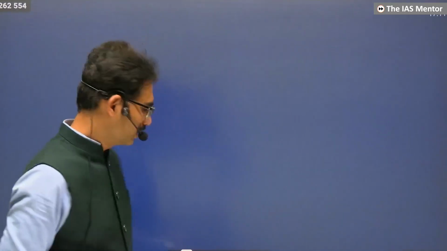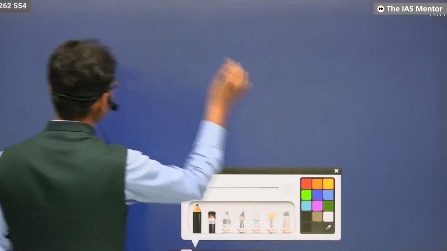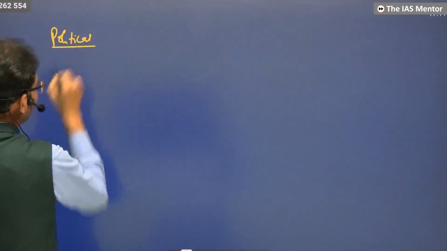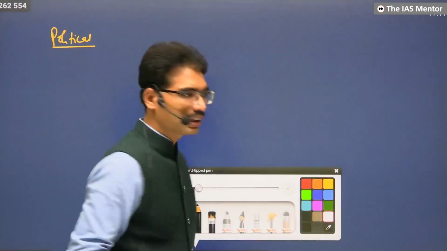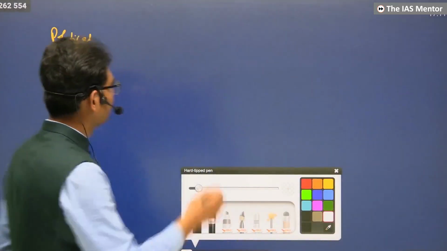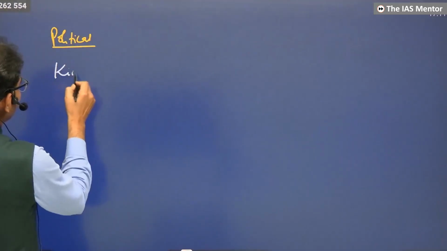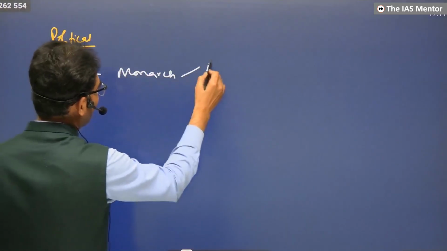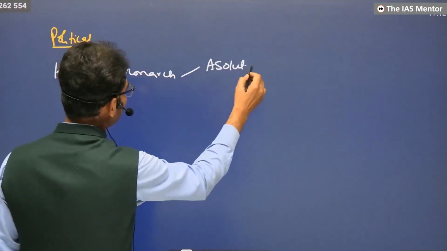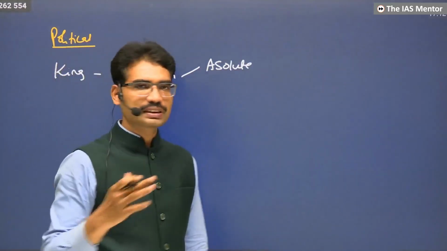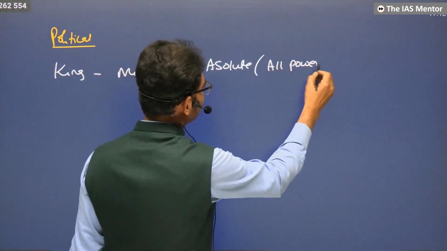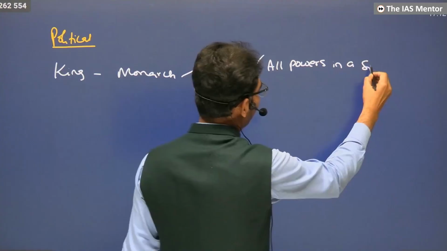Religion. Next, when it comes to political factors. Political means what? King at the top. This king is known as a monarch, and this monarch is absolute, meaning all powers are in a single hand.